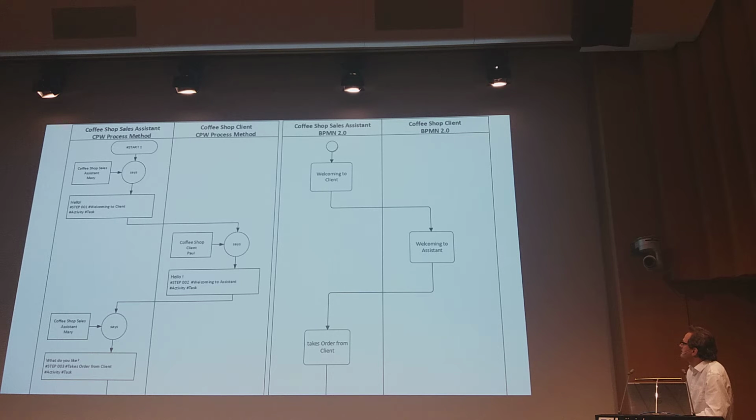And then on the right side, welcoming to assistant. In the third process step, you have coffee shop sales assistant Mary says, what do you like? Then hashtag step 003, takes order from client, and on the right side, takes order from client. And in all process steps, you have, in this case, hashtag activity, hashtag task, which belongs to the logical layer CPW logical layer business process modeling notation 2.0.